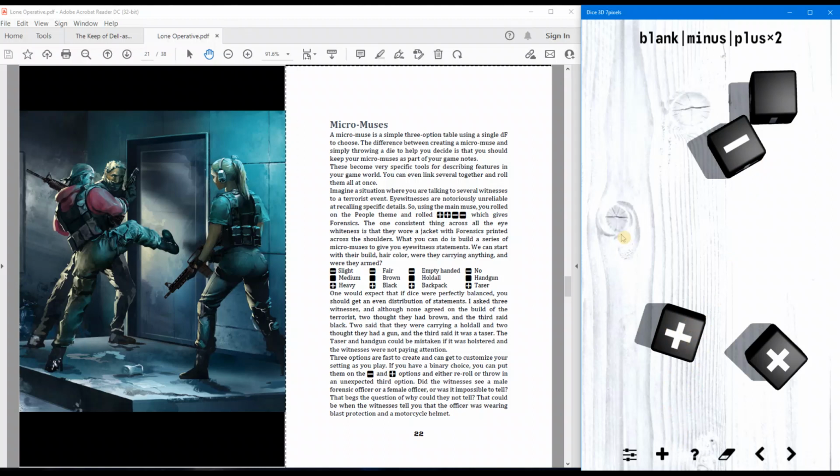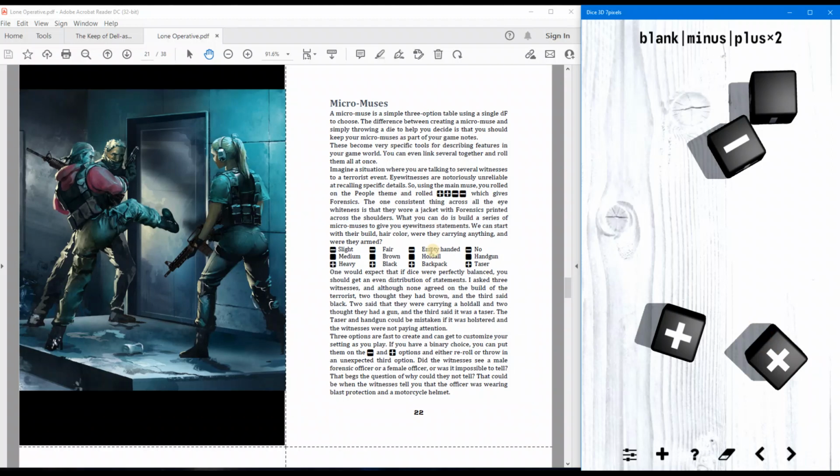They were saying they had a backpack, the other one said it was a holdall. So chances are they were carrying something, and they agree that they had a taser or threatened someone with a taser. So although we're actually rolling on completely random tables, we are starting to get a coherent picture of what our NPC looks like, and you can go from there.